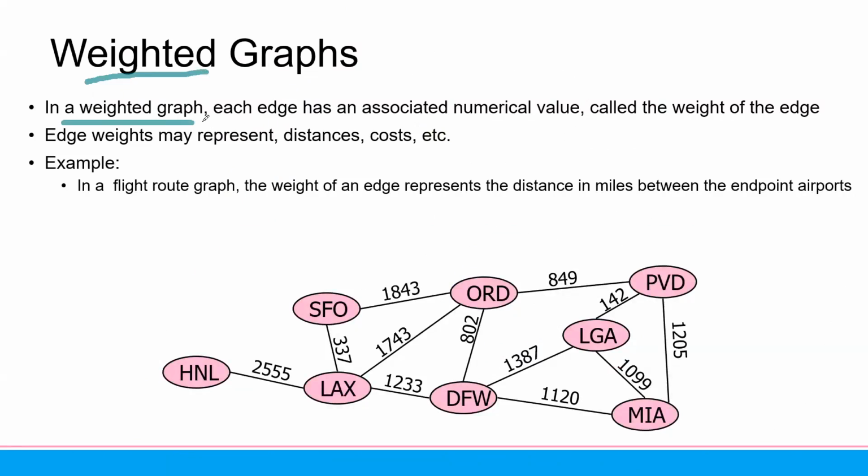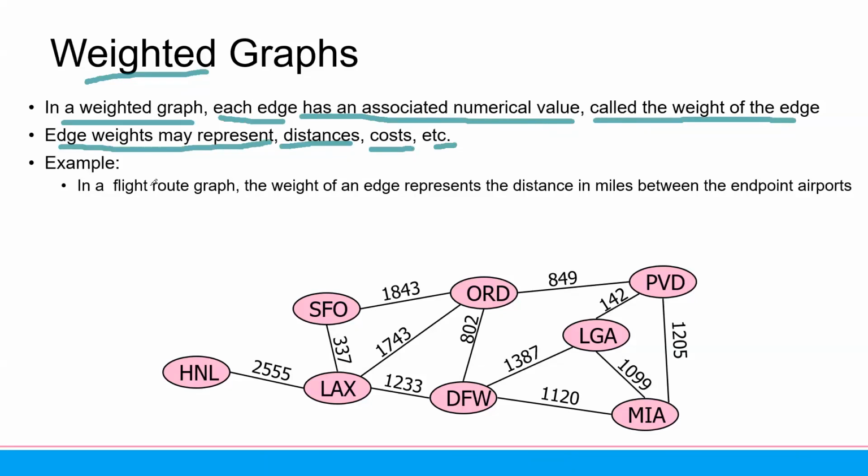In a weighted graph, each edge has an associated numerical value, and we call this the weight of the edge. Edge weights may represent distance, cost, and so on.